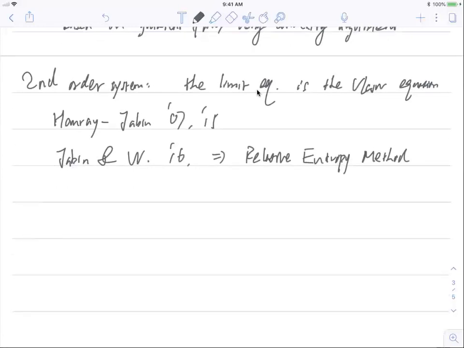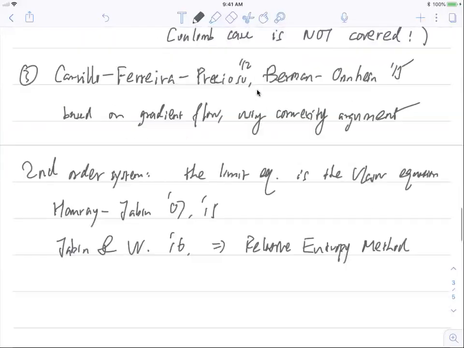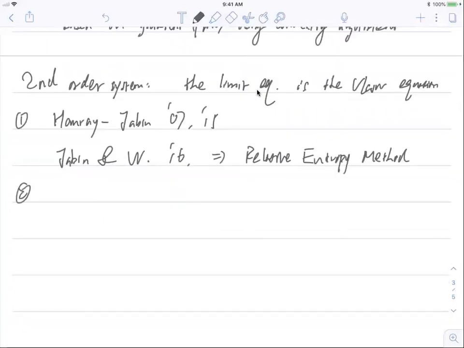And there is another type of result on mean field limit that I didn't mention, but let me just mention here. It's the cutoff type result.